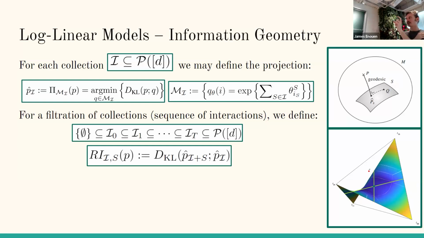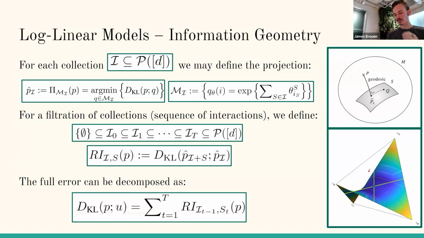And the gap between the last projection and the next projection is some positive value that we're going to call the refined information. It's always positive and can be seen as a KL term based on the two distributions. But the moral of the story is that our KL error can be exactly decomposed.